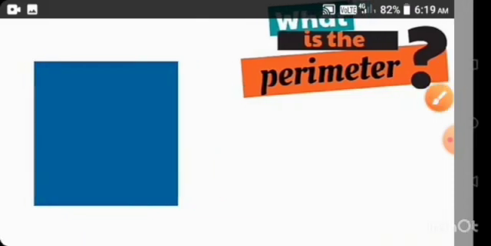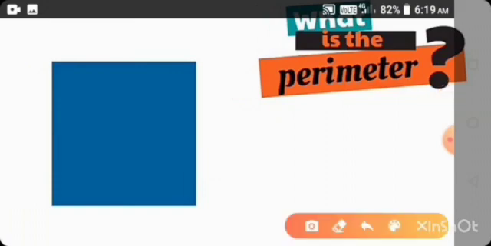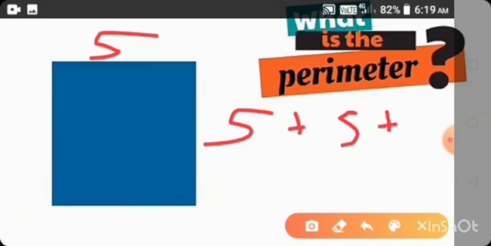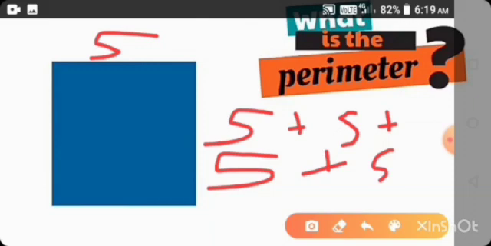So sum of all sides: 5 plus 5 plus 5 plus 5. 5 plus 5 is 10, 10 plus 5 is 15, 15 plus 5 is 20. So 20 centimeter.